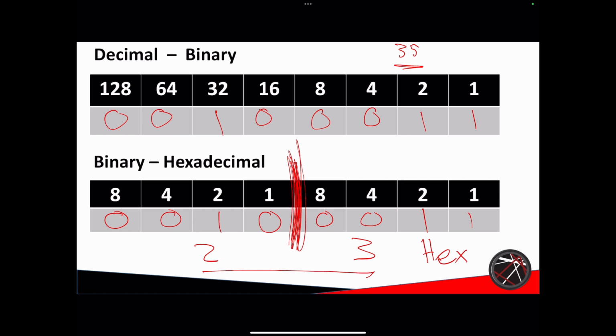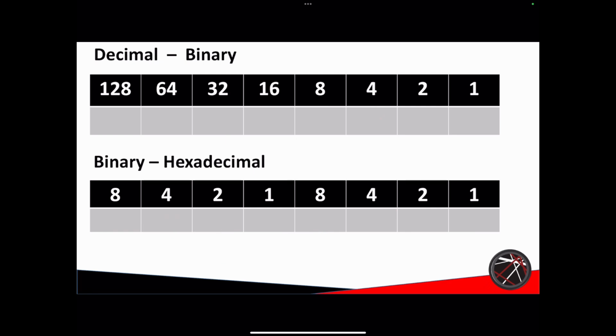Nice easy number. I'll do that again with a different number. So let's do this now with 45, for sake of argument. So again, that's going to be, what do I need? I need an 8 and a 4 and a 1. Give me 45. So again, I'm just going to transpose this down here to this other table, where, if you remember, we chopped it in half down the middle.